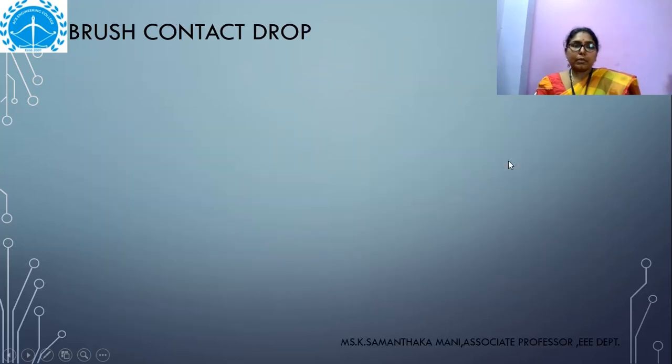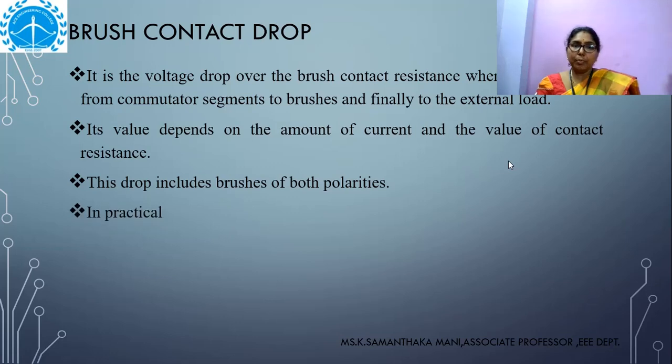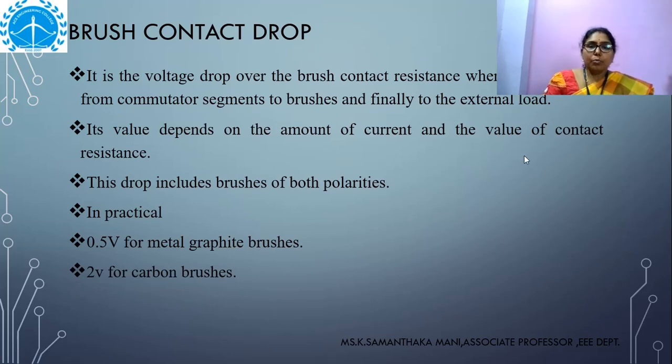Now we want to discuss the brush drop and how it will be there, because this brush drop is very important when we are doing numerical problems. It is the voltage drop over the brush contact resistance when the current passes from the commutator segment to the brushes and finally to the external load. Its value depends upon the amount of current and the value of contact resistance.